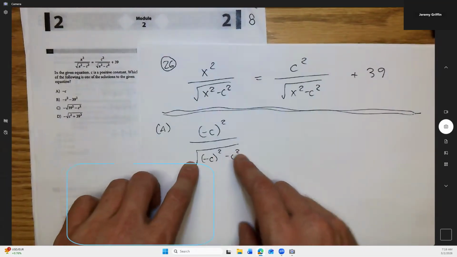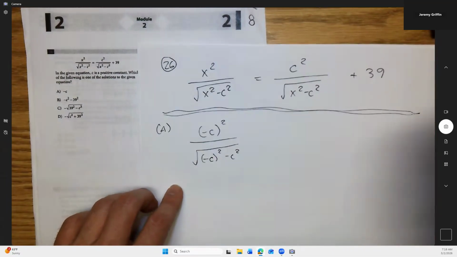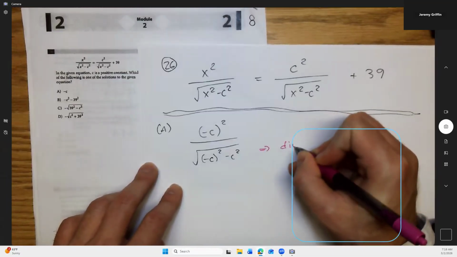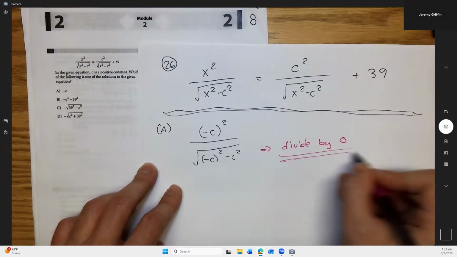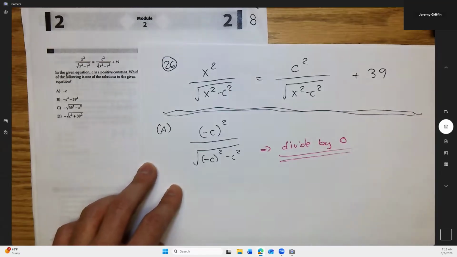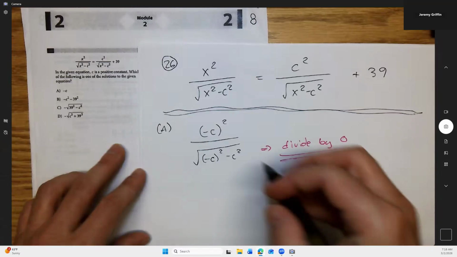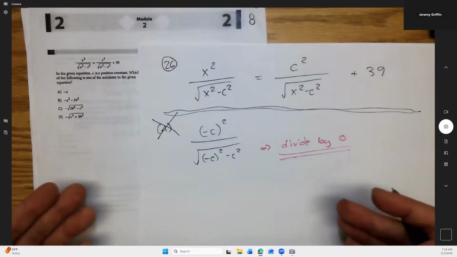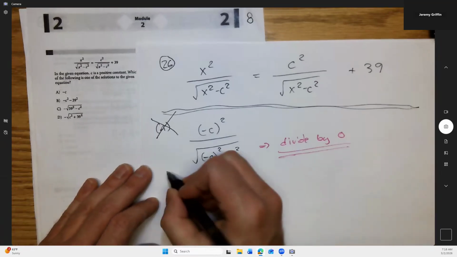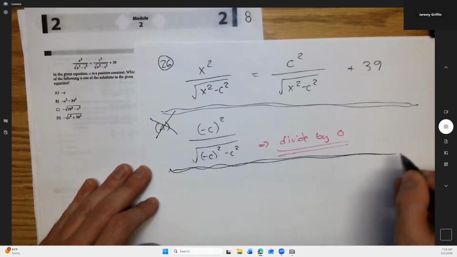The square root of 0, I would be dividing by 0, which is something you're definitely not allowed to do in math. So that tells me A is probably not the answer. If I have limited time on this exam, I would just cut that right there and move on.